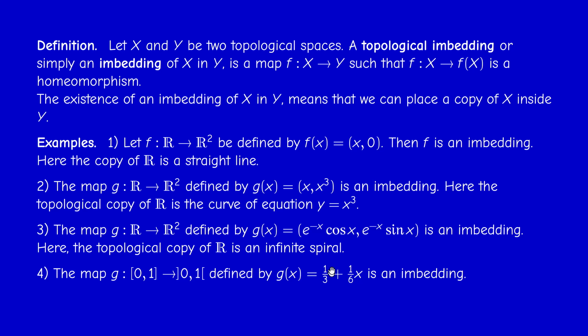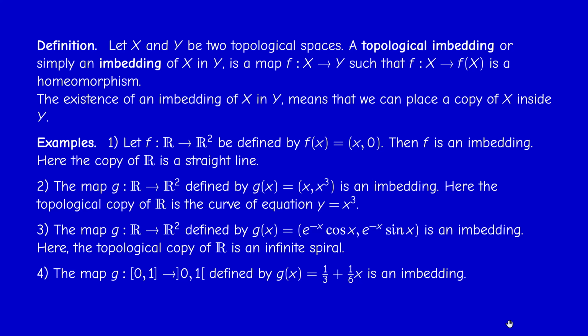Just take g of x to be 1/3 plus x over 6. What is the image of 0,1 under g? It's the closed interval from 1/3 to 1/3 plus 1/6. This is a closed interval, smaller than the original one, but it's placed inside the second one. So this is another example of an embedding.